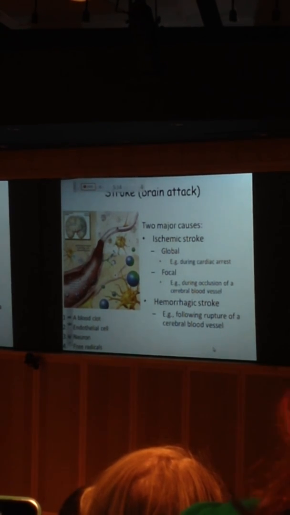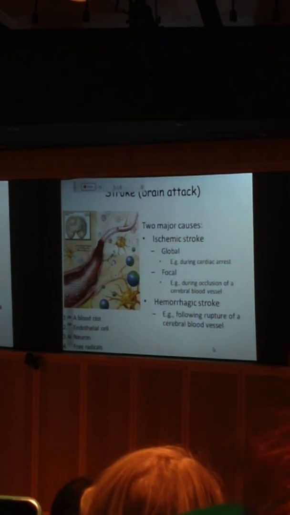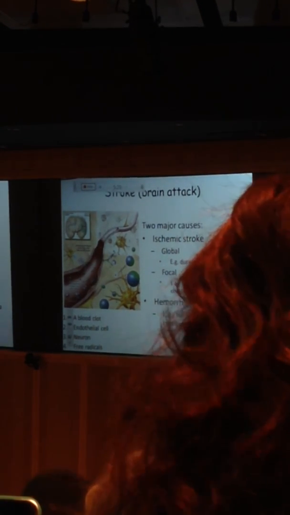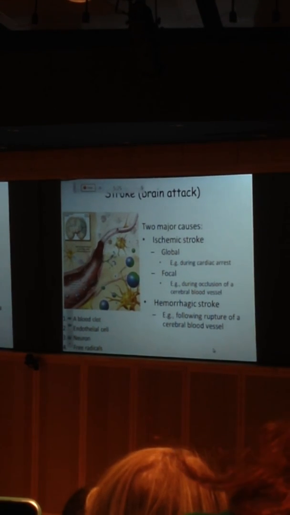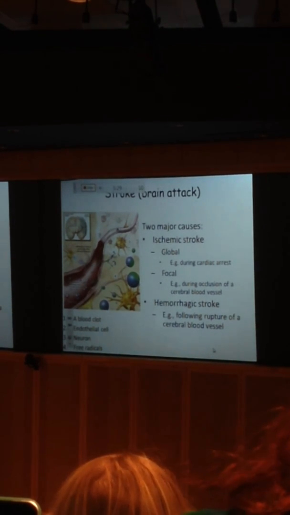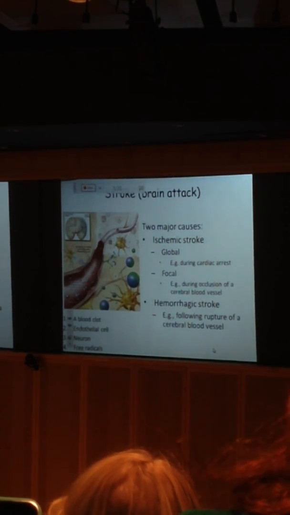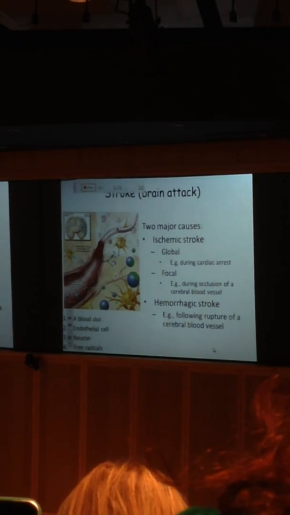You normally have free radicals in your body all the time, but when these neurons die, this overwhelming secretion will cause the endothelium cells to die. When the endothelium cells are damaged, you can imagine the blood-brain barrier will be compromised.